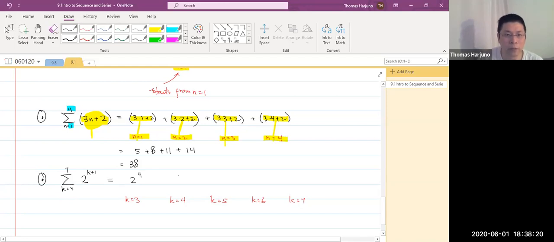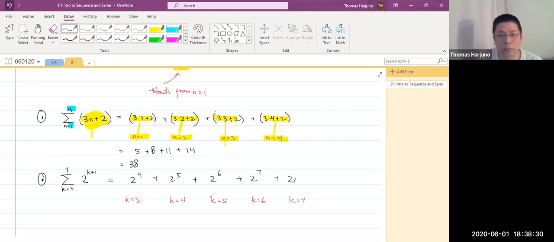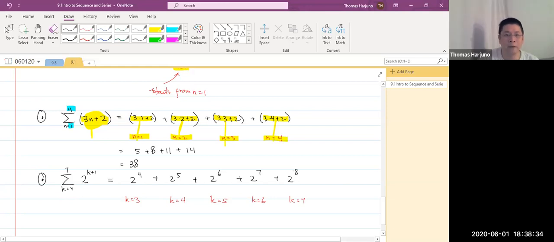Plus 2 to the 5th, plus 2 to the 6th, plus 2 to the 7th, plus 2 to the 8th. Which will give us 16 plus 32 plus 64 plus 128 plus 256.